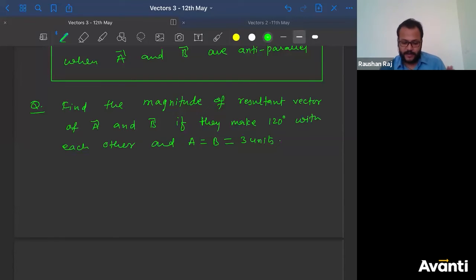You have to find the magnitude of the resultant vector.